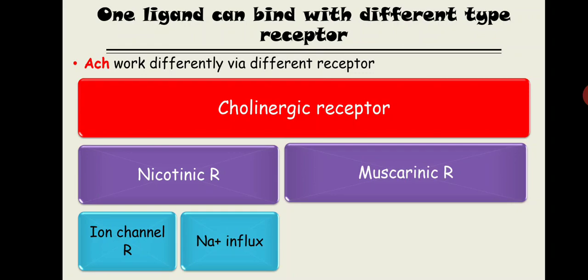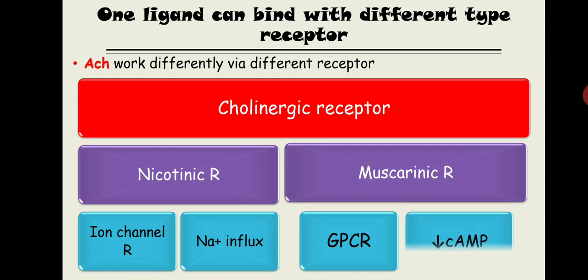Now the other receptor is the muscarinic receptor. It differs from the nicotinic receptor. It activates the GPCR, G protein coupled receptor, and via acting through the G protein coupled receptor it decreases the cyclic AMP. So acetylcholine will be using the Gi system in the G protein coupled receptor.